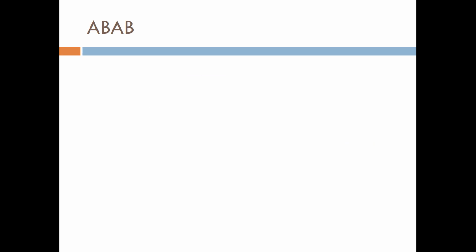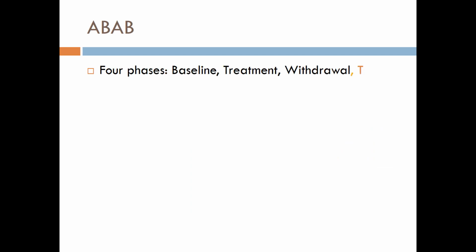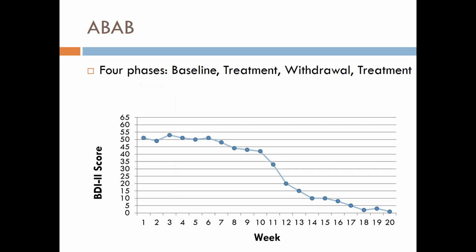Okay, the ABAB design. That's four phases: baseline, treatment, withdrawal, and treatment. Just as you would guess, we have our baseline, our treatment, the withdrawal, and then the treatment again.